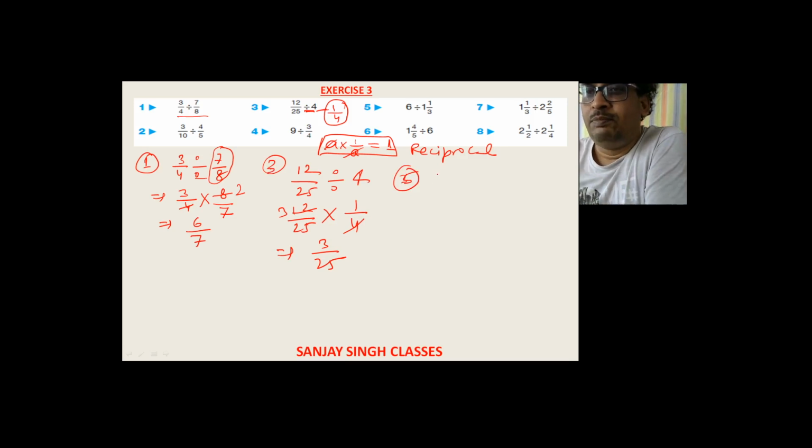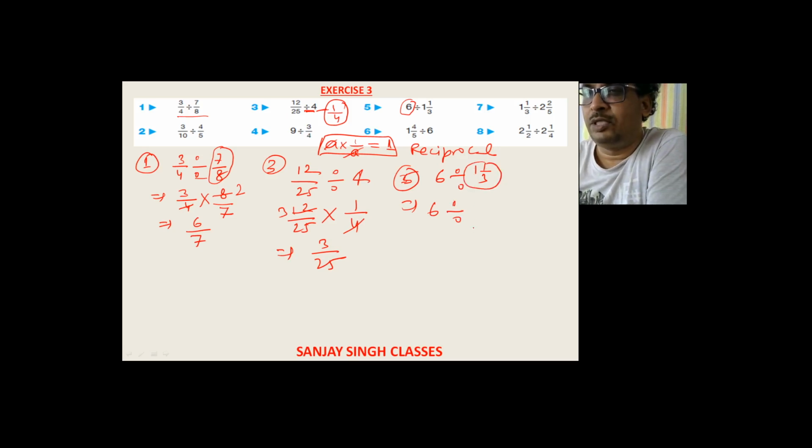Question number 5, 6. So the preceding number will not have any type of change. So it will be as it is. Then the question is division of 1 by 3. Right, 6. And again we will write divide, because we need to convert this mixed fraction into an improper fraction.